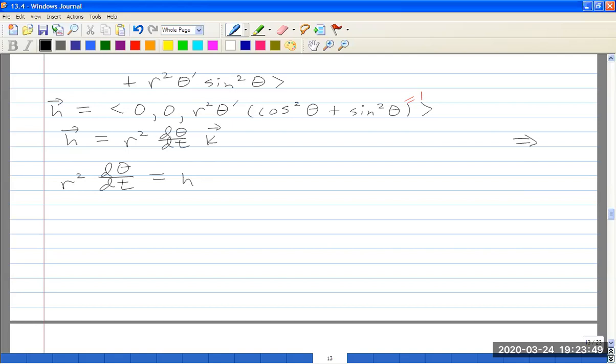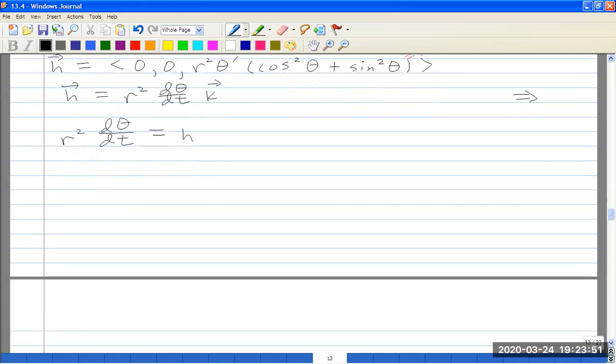And since dA is 1/2 R squared d theta for a sector, for the area. So the area of a sector, let me just maybe draw that.